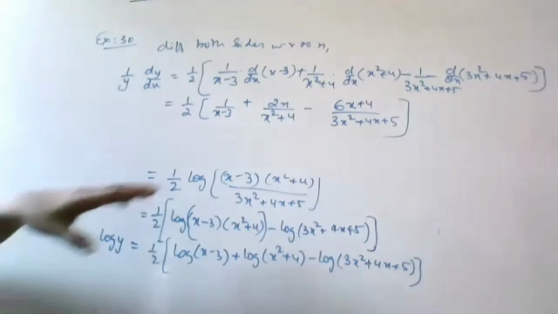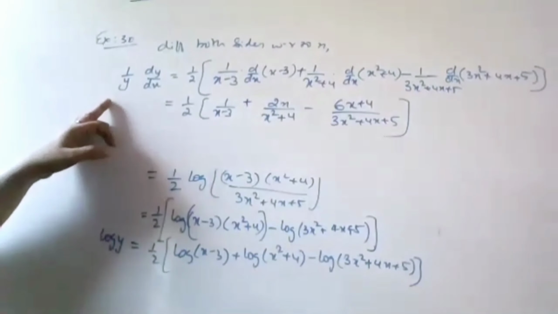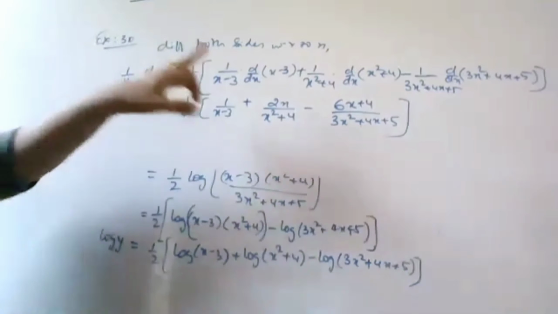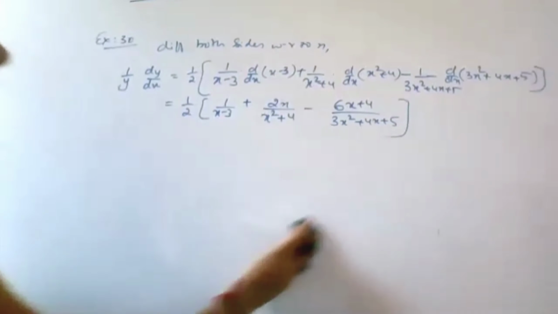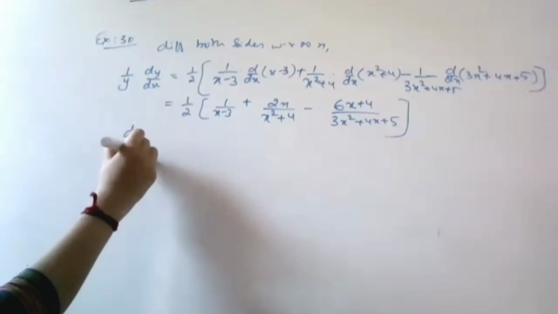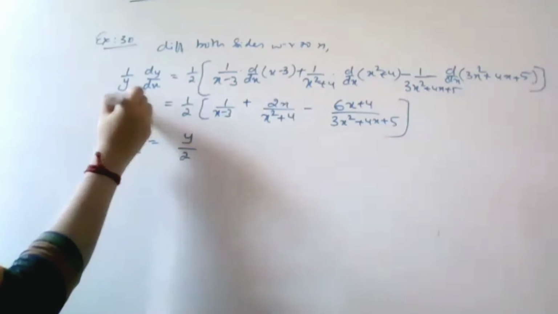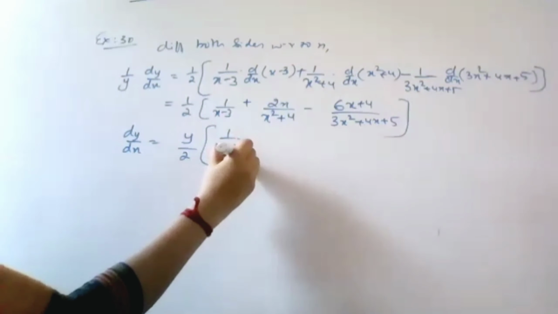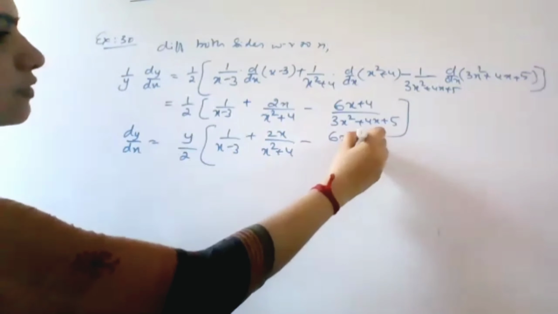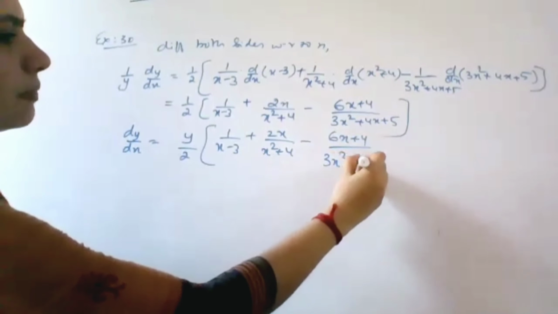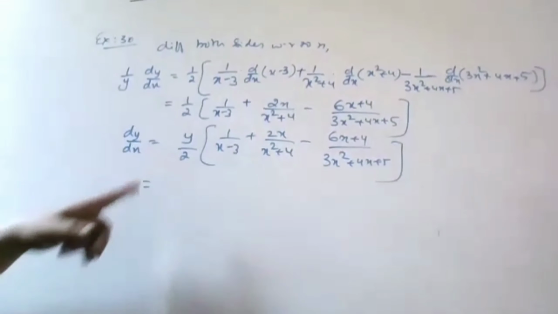Okay. Now you need not simplify this taking the LCM and all. The next step will be you have to take this y to the other side and then stop. Replace the value of y and then stop. So the next step is to find out dy by dx, which is y by 2, this y has gone there, into 1 by x minus 3 plus 2x by x square plus 4 minus 6x plus 4 divided by 3x square plus 4x plus 5. And replace the value of y. What is given in the question as y?